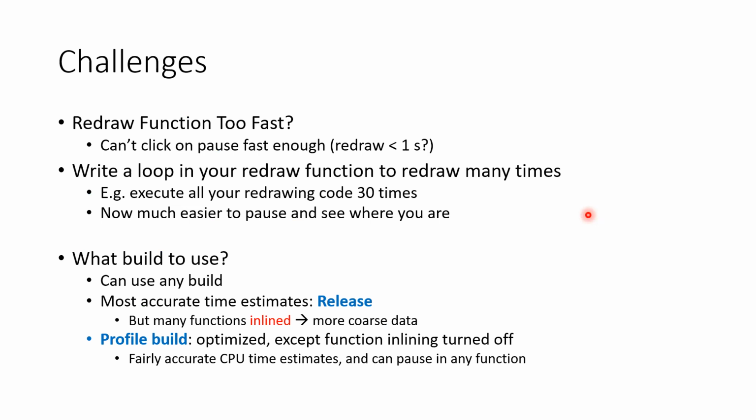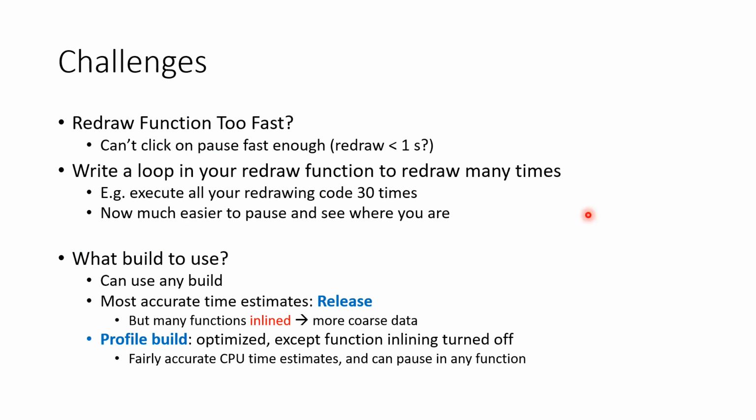But there may be challenges, because your redraw function may be faster than how fast you can click on the pause. So in this case, we will write a loop in your redraw function to redraw many times.